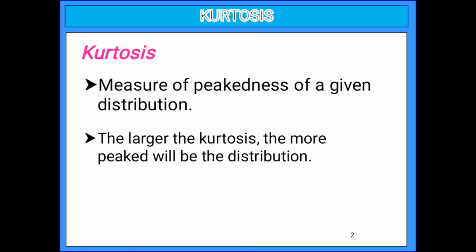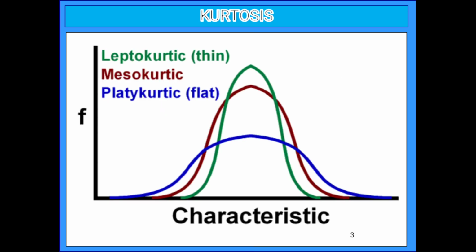There will be a formula as well that we can use to find out the shape of the distribution. Of course, the concept of kurtosis is very useful in decision making, especially for conducting research. And just like the skewness, we have three categories of distribution.